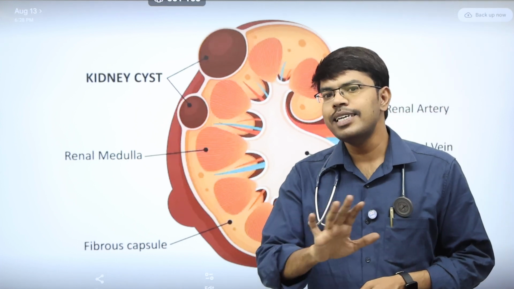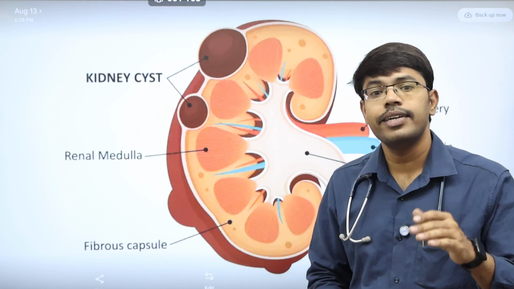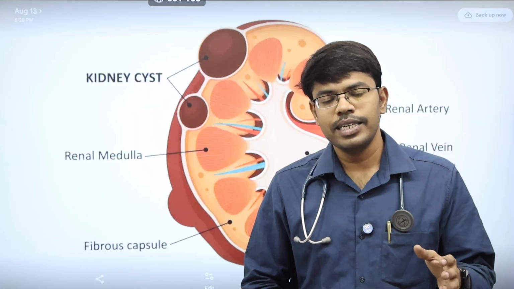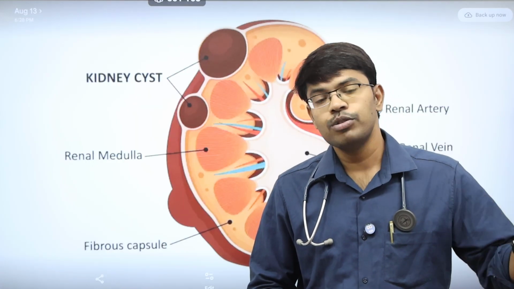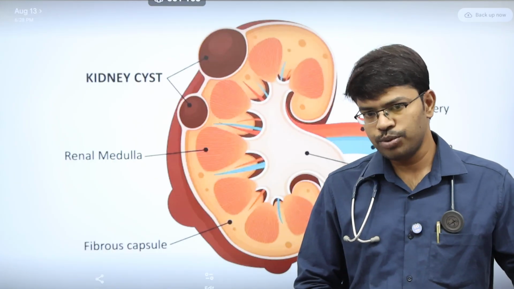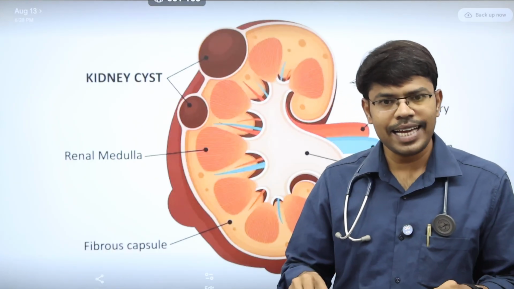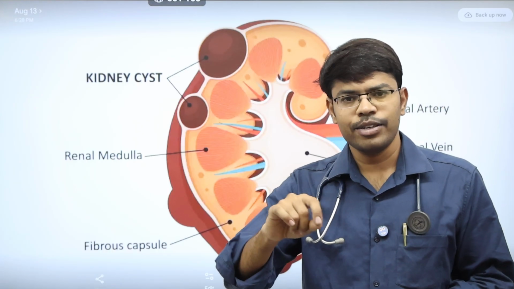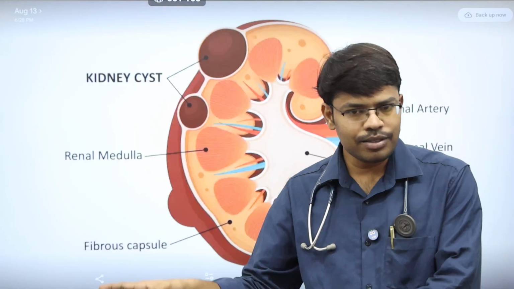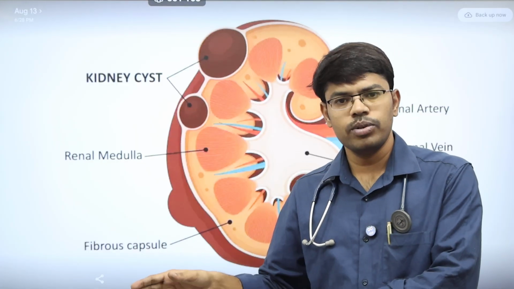In this situation, CEMRI can't be planned because contrast enhanced MRI is associated with nephrogenic systemic fibrosis, which is a deadly situation. Whereas contrast enhanced CT causes ATN, acute tubular necrosis, in some situations, not always.